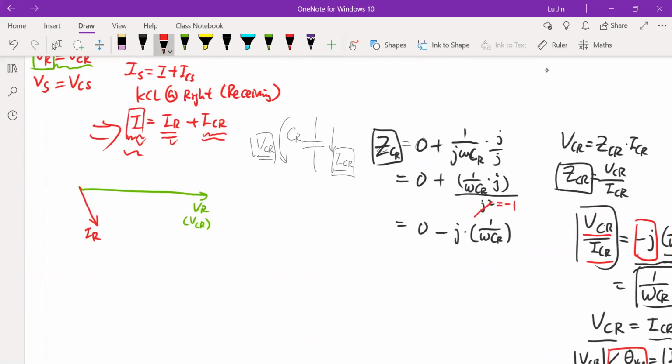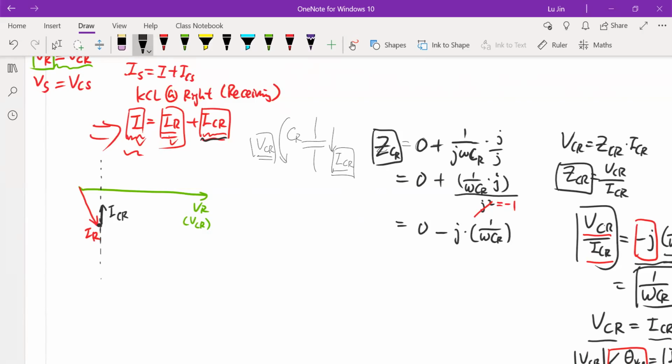Shortly, we want to use this relationship to calculate the current I. For now, I'm drawing the I_CR vector at the end of the vector I_R. Using the black pen, at the end of the I_R, I'm going to draw an upward vector as I_CR.